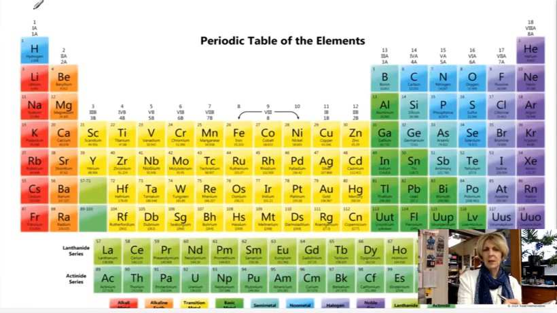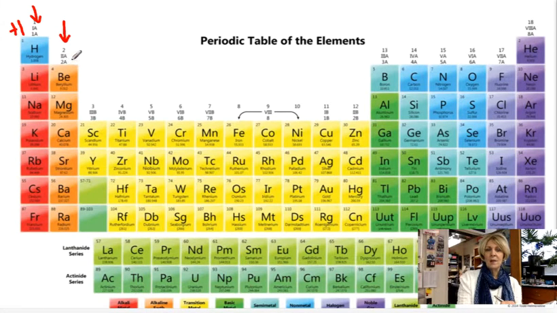So you're going to learn as the year goes on that everybody in the same column is very similar. We call these groups or families. And everybody in this group 1A tends to lose one electron. And because they do, they all tend to form a +1 ion when they form ions.